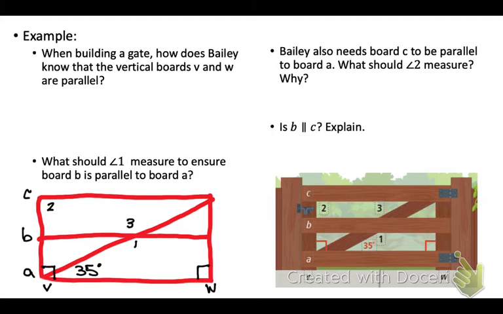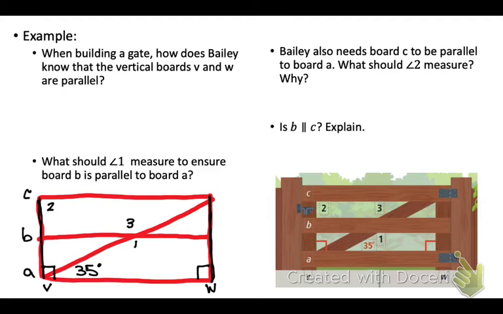Okay, so it says, when building a gate, how does Bailey know that the vertical boards V and W are parallel? Oh, okay, so V and W are these vertical ones right here. How does she know those vertical boards are parallel?